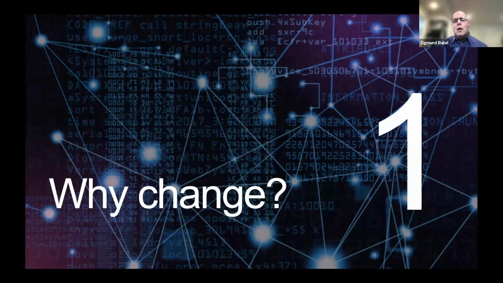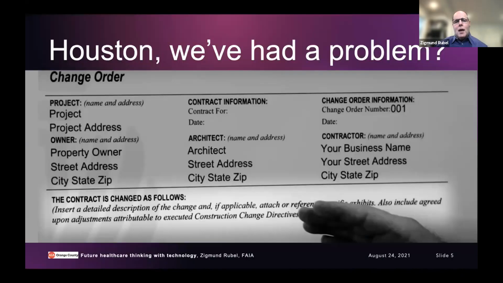So I wanted to talk about why we may want to think about changing the way we do things. And I like to say, Houston, we've had a problem. I know in the movies, it's Houston, we have a problem. I actually did the research, and they actually said we've had a problem because it's been going on a while.